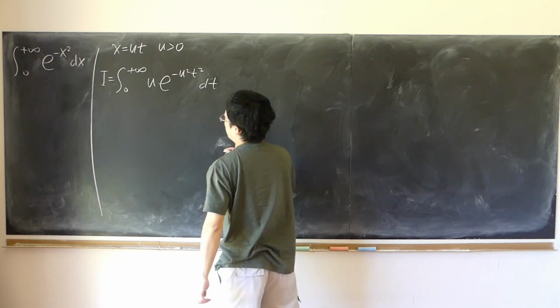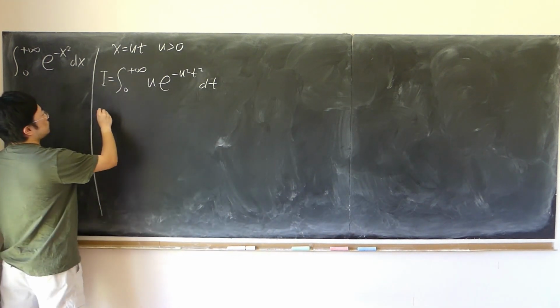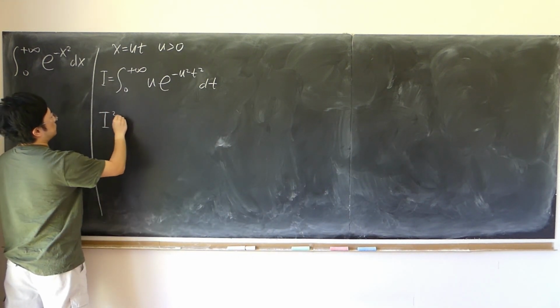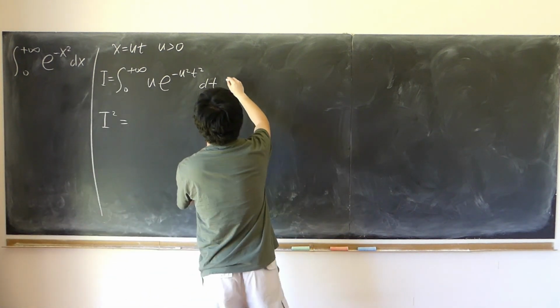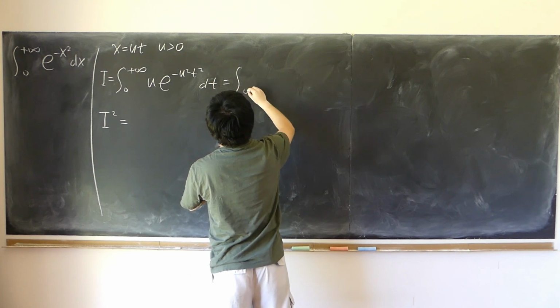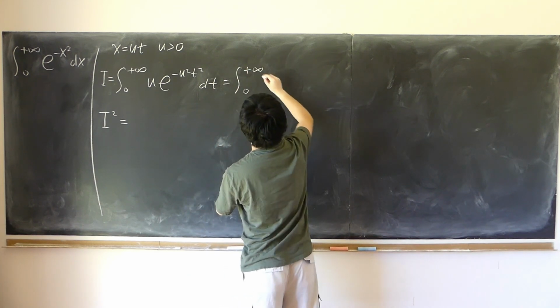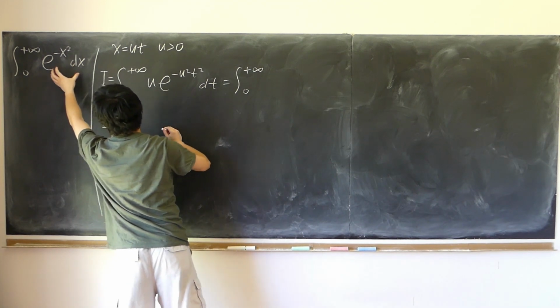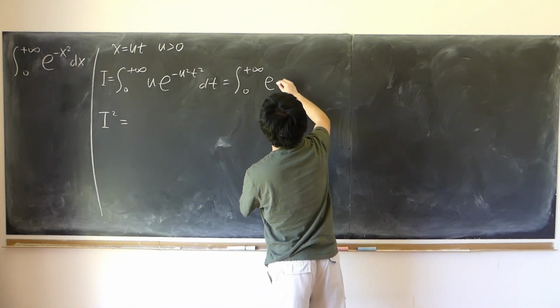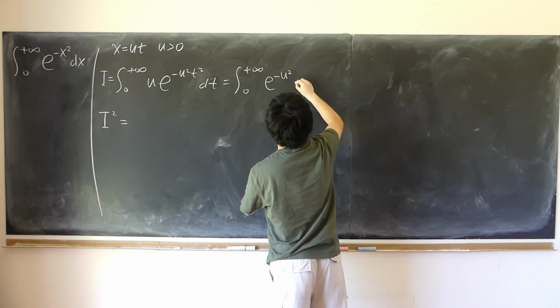But that way, if I want to calculate I squared, I squared can also be written by changing x into u. It's still consistent: e to the negative u squared du.